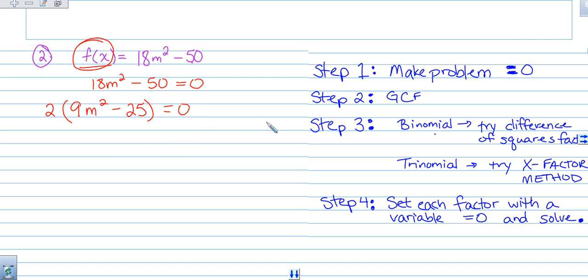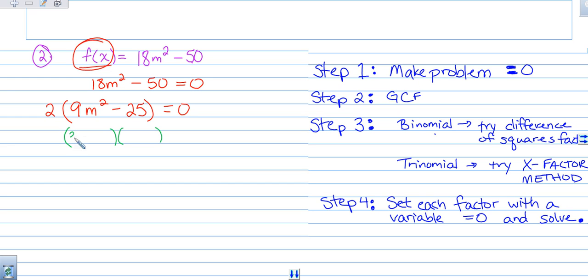So now this is where you would try, it's a binomial, so you would try to see if there's difference of squares. Well, there's subtraction, that's the first thing you got to look for. That's an even power. 9 is a perfect square because it's 3 times 3, and 25 is a perfect square because it's 5 times 5. And so this will end up breaking down into 2 parentheses, and you want to start with the left term and break it down.